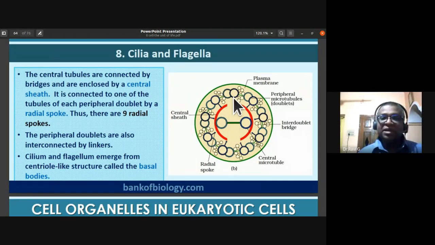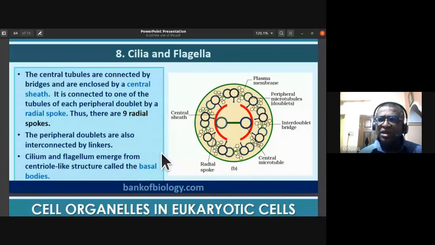The peripheral doublets are also interconnected by linkers. You can see this light green colored structure. The cilium and flagellum emerge from a centriole-like structure called the basal body.